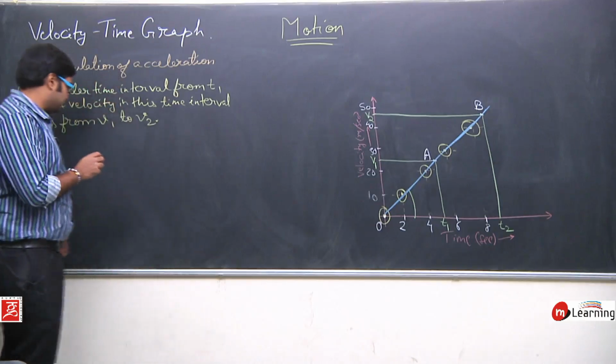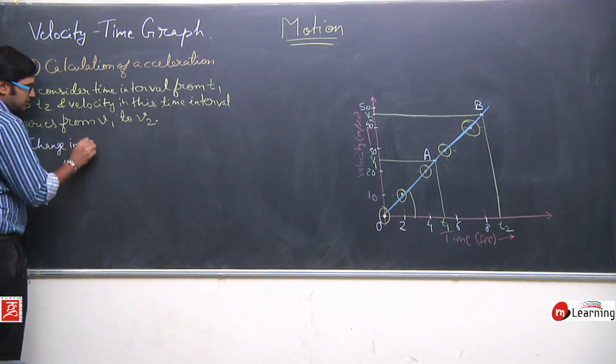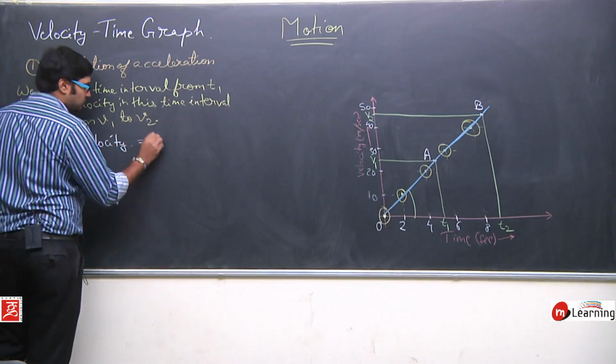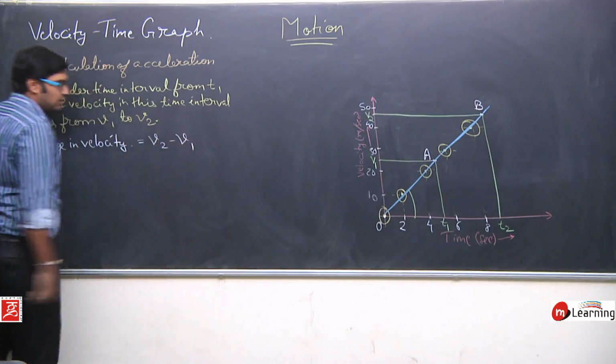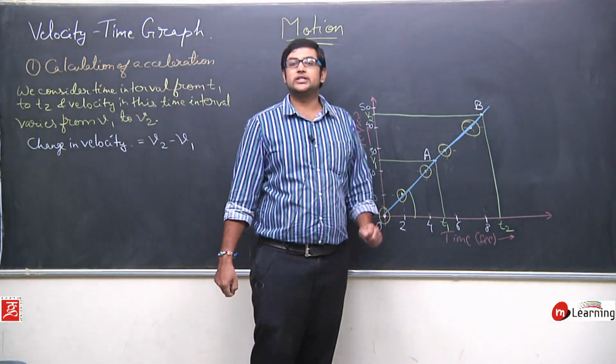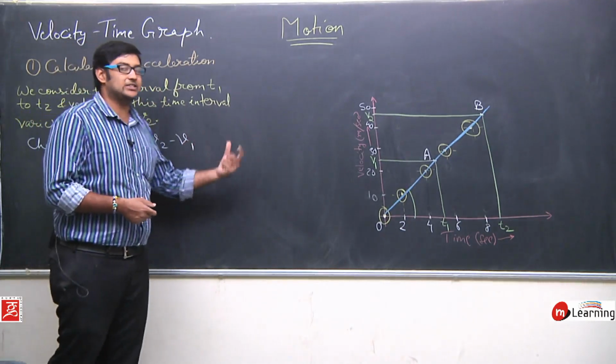Okay. So it means the change in velocity is equal to v2 minus v1. What is v2 minus v1? It is the change in velocity, and in how much time is this velocity changed?